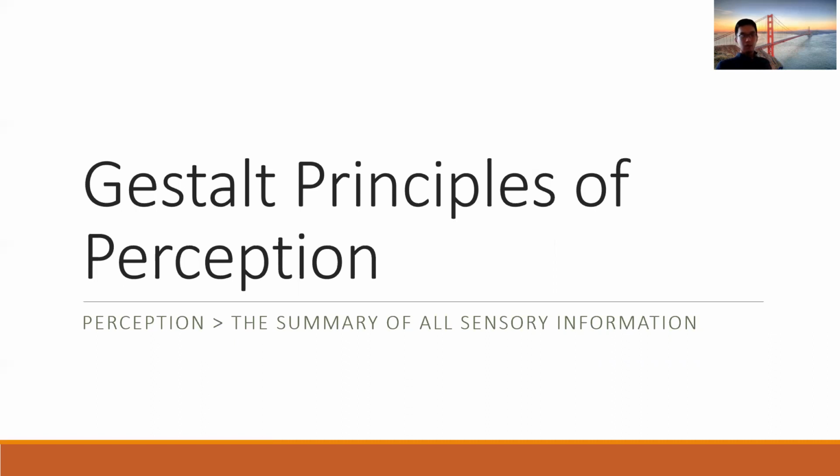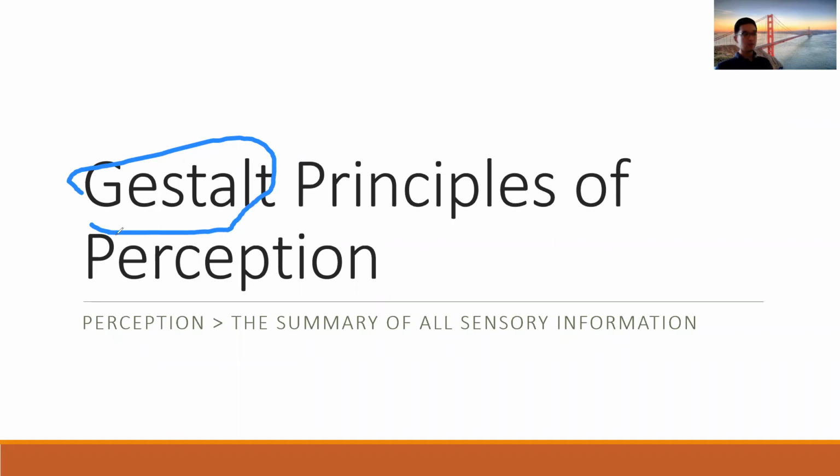There was a movement in the history of psychology at an early stage, before the 20th century. It's called the Gestalt psychology movement. Gestalt is not an English word, it's a German word.